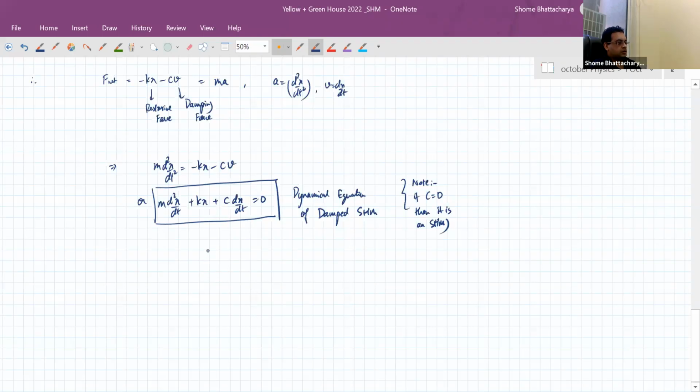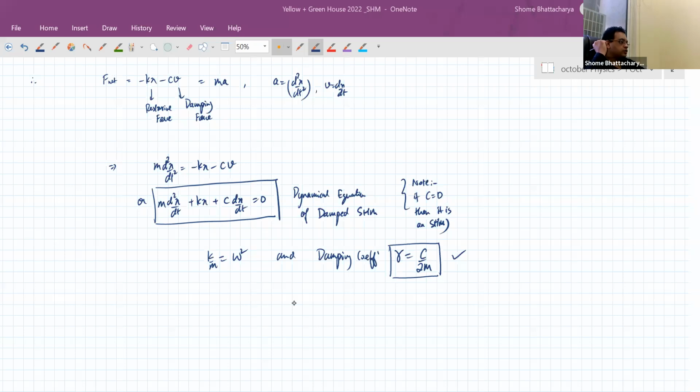K by m is omega square. And we define something called the damping coefficient gamma as c by 2m. Now this is something you'll have to memorize. There is no derivation for this at our level because the mathematics required for solving this kind of second degree differential equation goes beyond what our 10+2 syllabus allows.